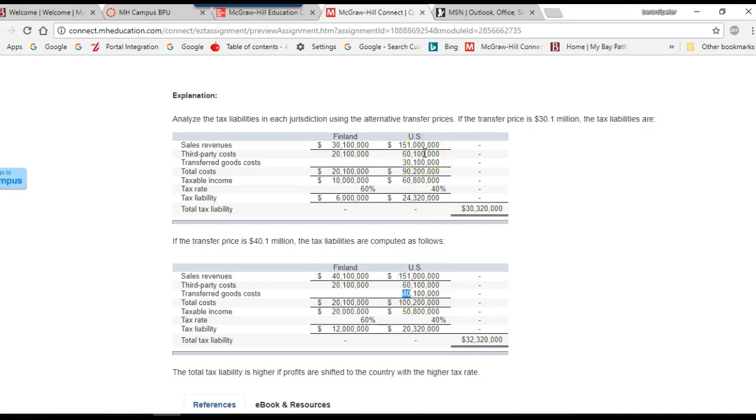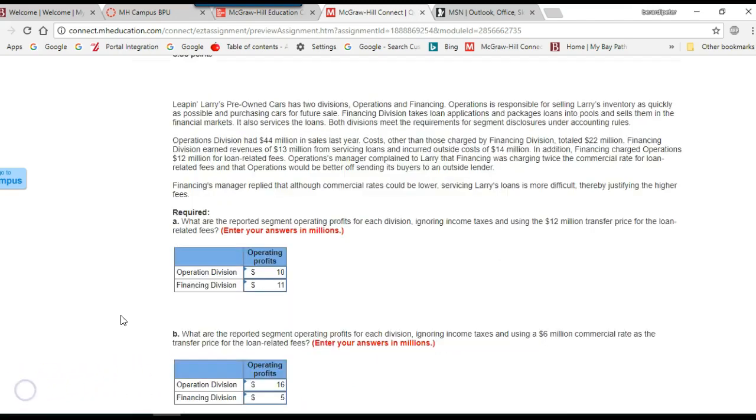The 60 million third-party cost still holds up, and 151 million holds up. The only thing that really changes is the 30.1 million becomes 40.1 million. Taxable income changes. Again, apply the tax liability to get your tax liability answer. Straightforward.